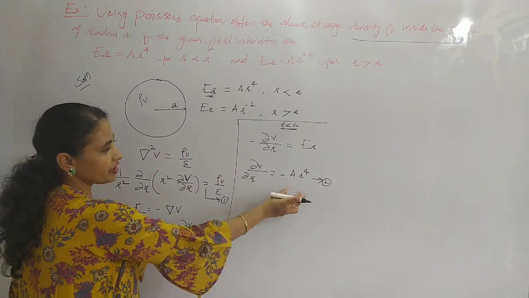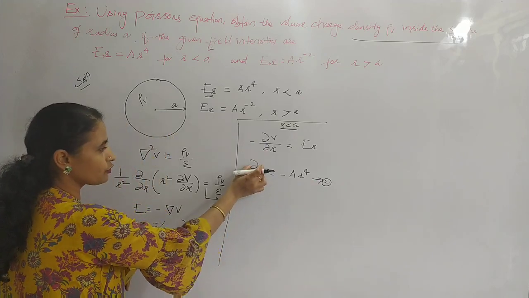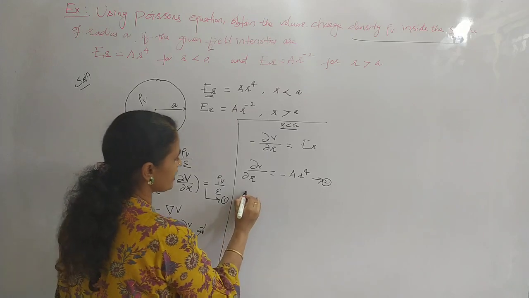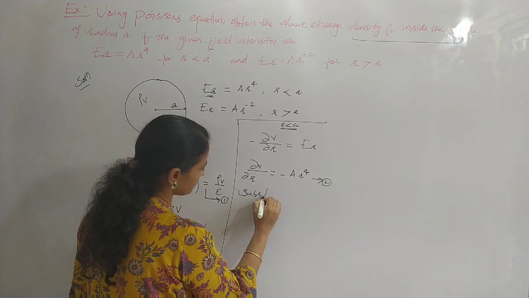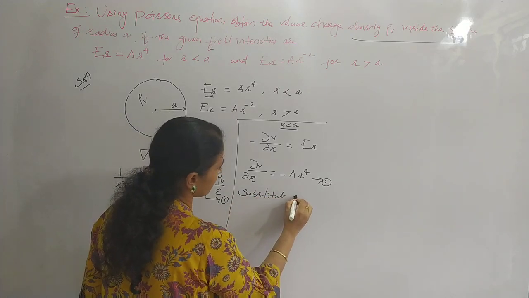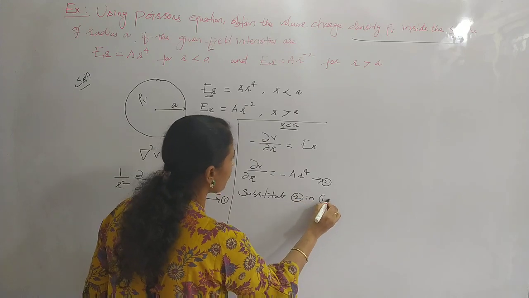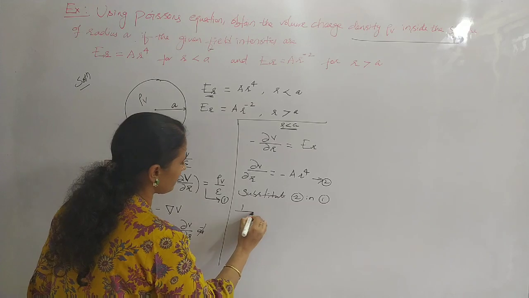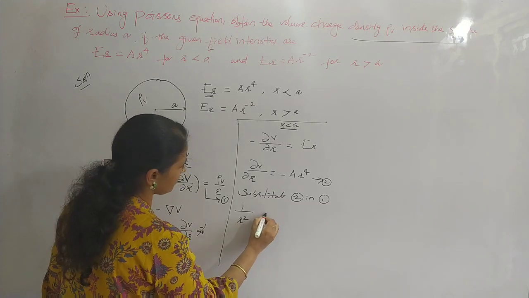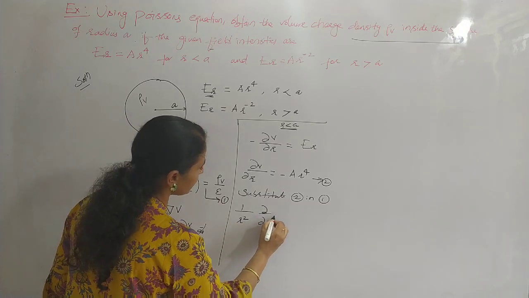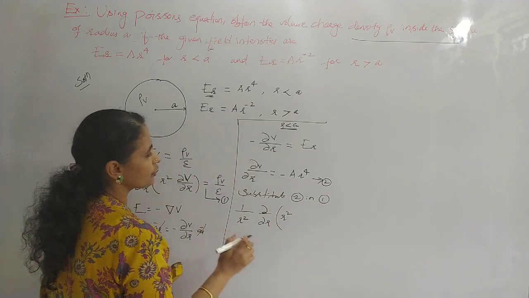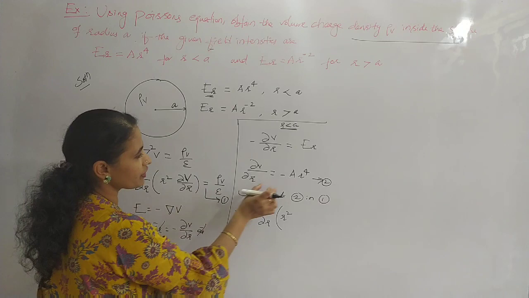Now substitute equation 2, the value of dou V by dou R, in equation 1. Equation 1 is 1 by r square dou by dou r of r square into dou V by dou r. What is dou V by dou r?